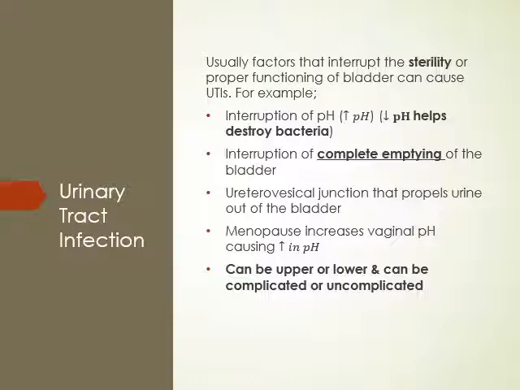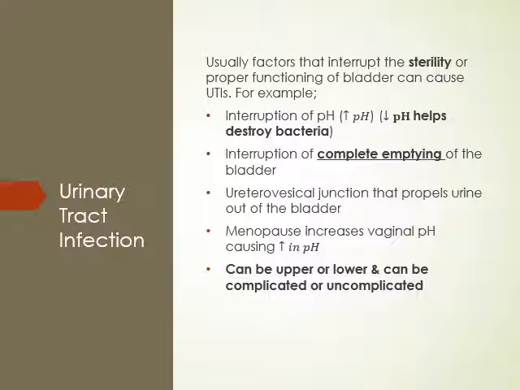Anything that interrupts the sterility can cause interruption of the pH. We want a lower pH to destroy bacteria. You want to completely empty the bladder. Remember that menopause increases vaginal pH.